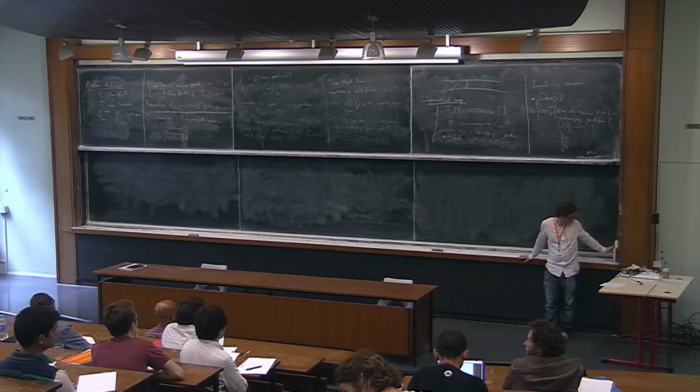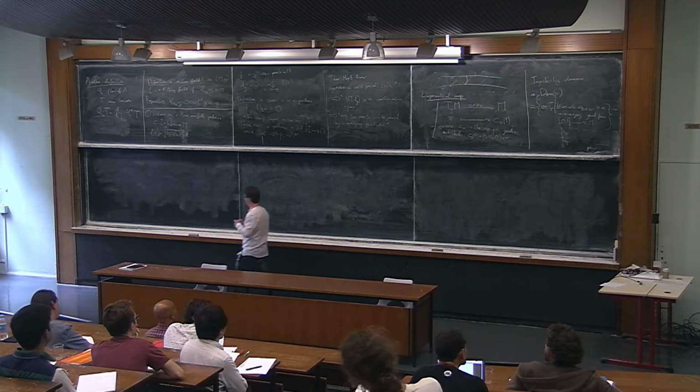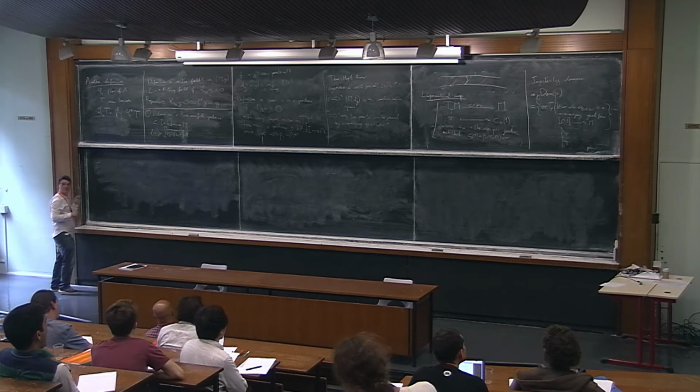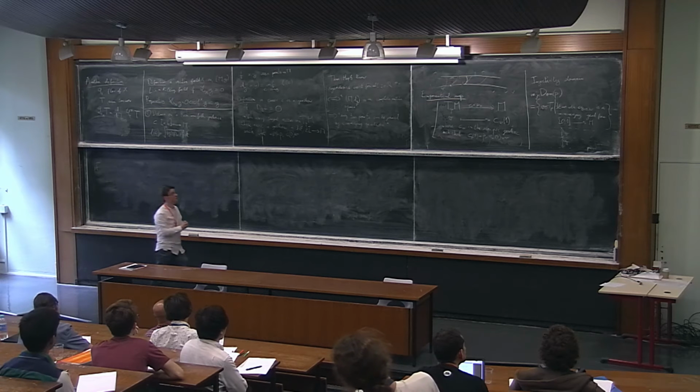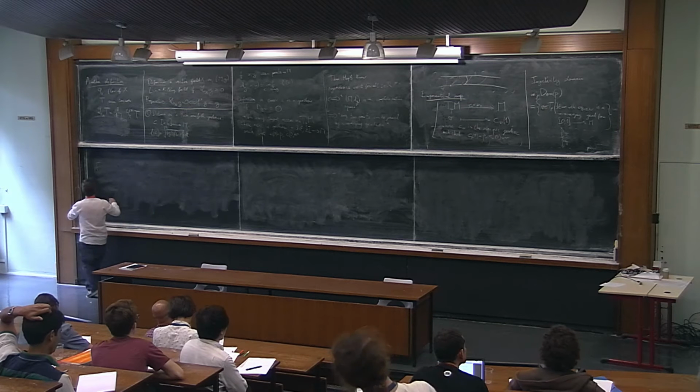So, okay, why is that important? Well, facts. Actually, this is the biggest part of the tangent space on which this exponential map is a good coordinate chart.